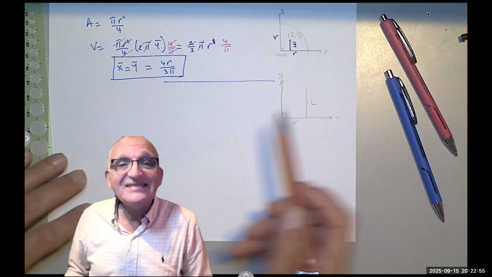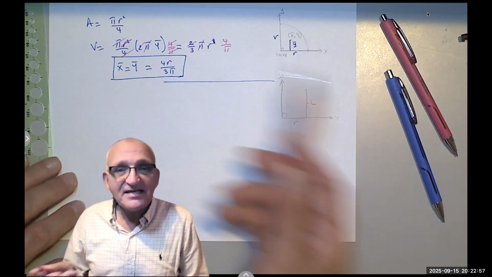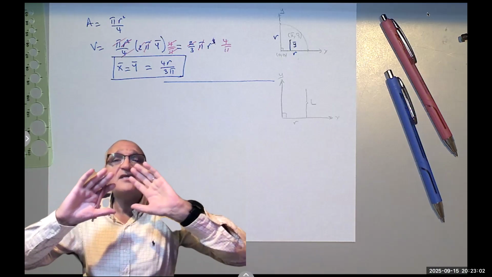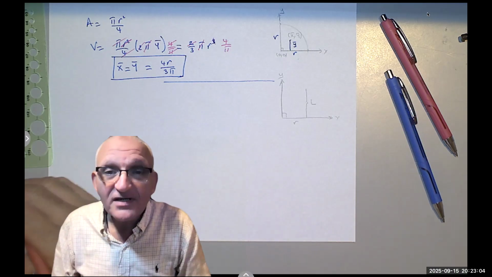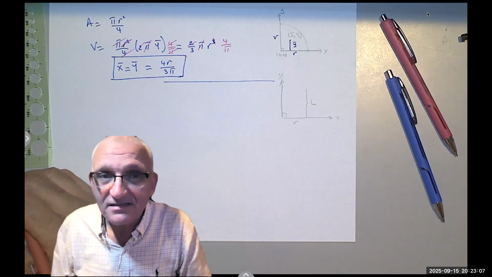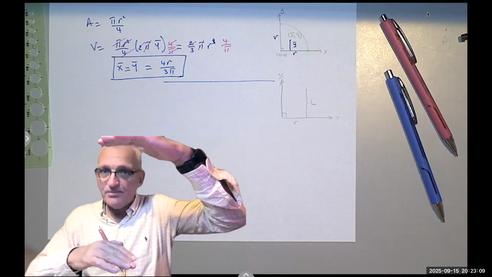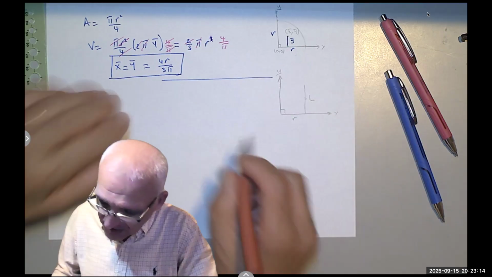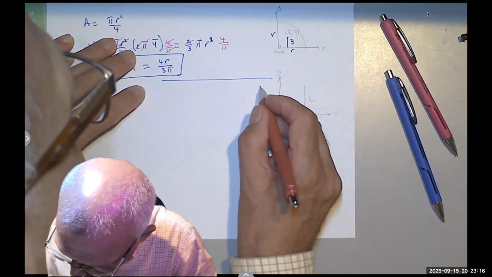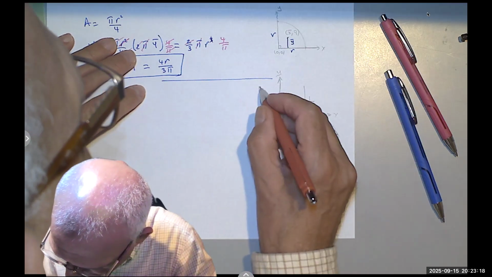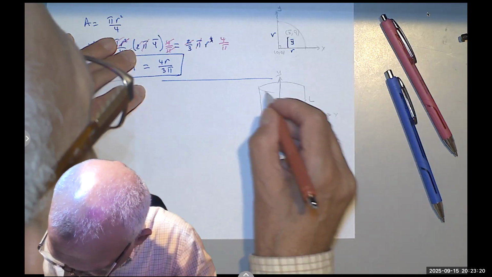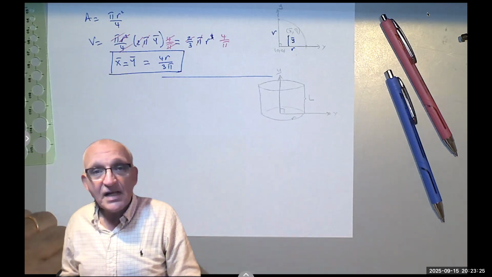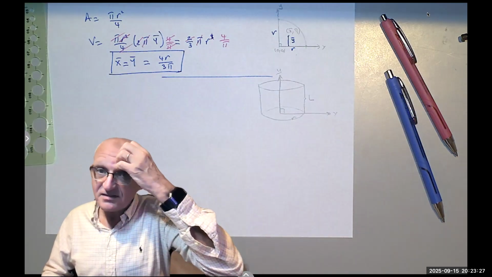So if I rotate this line about the x-axis, it will generate the surface area of a cylinder, without the top and the bottom, because I didn't measure R and R. It's not drawn properly, but it will generate this cylinder. I know the surface area of the cylinder, right?